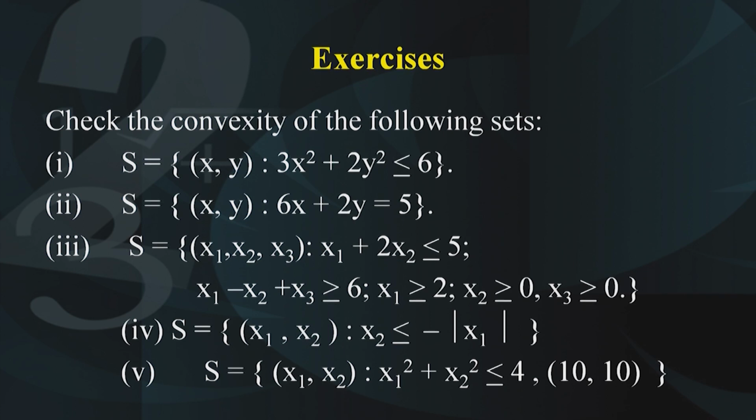The fourth example is the set S given by the points (x1, x2) such that x2 is greater than or equal to minus the absolute value of x1. And the fifth example is the set S given by (x1, x2) such that x1 squared plus x2 squared is less than or equal to 4, along with the point in the 2-dimensional space given by (10, 10).